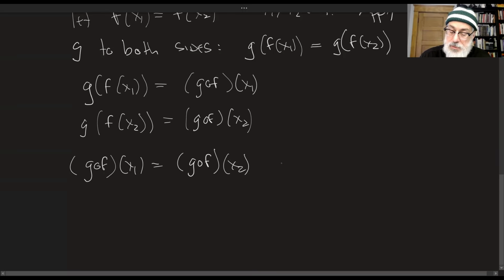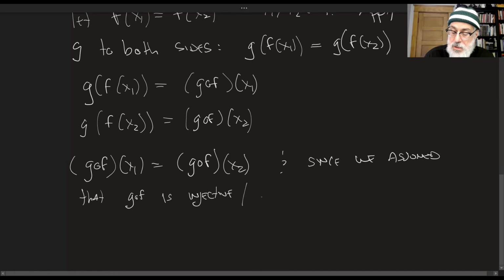And since we assumed that G of F is injective, in other words, 1-to-1, if G composed with F of x1 is equal to G composed with F of x2, this implies that x1 is equal to x2.